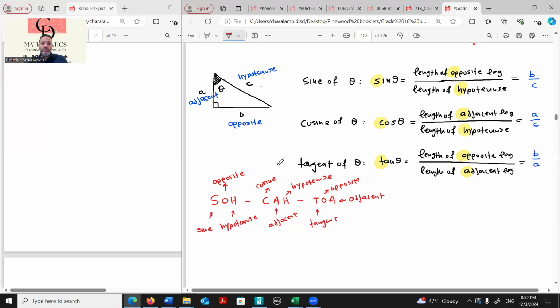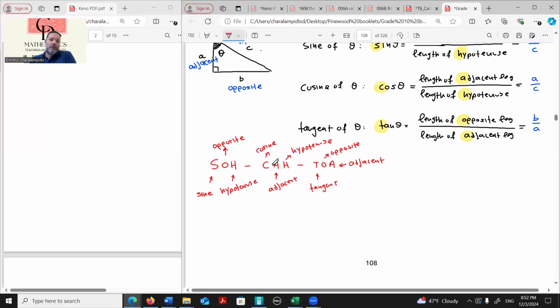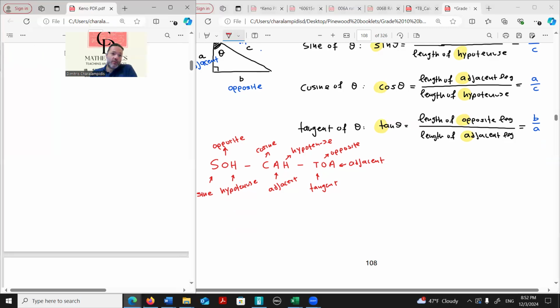Let's quickly jump to some exercises. And before we do that, I'm going to write here at the left these rules. Sine is opposite over hypotenuse.